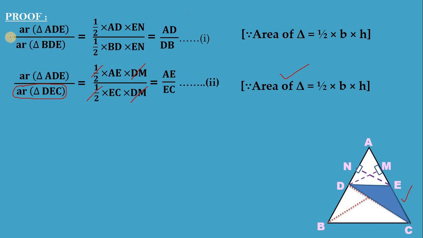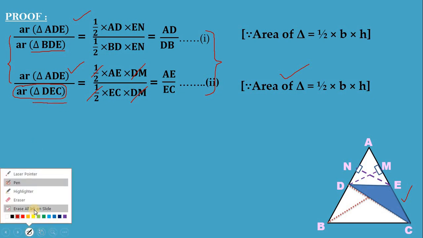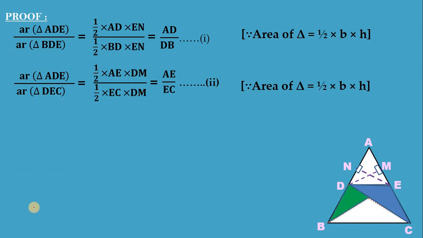Now compare the left hand side and the right hand side. The numerators are the same, but in the denominator here there is BD and there DEC. As you observe the figure correctly, these two triangles are shaded in green and blue. Children, should not be confused.